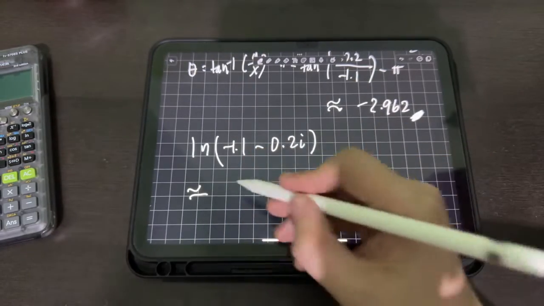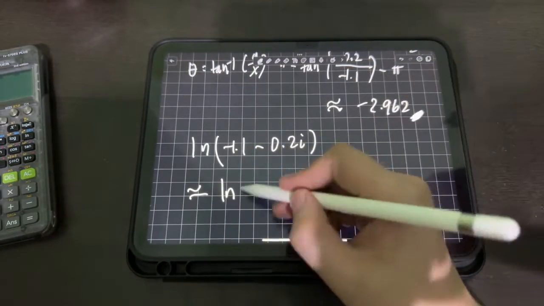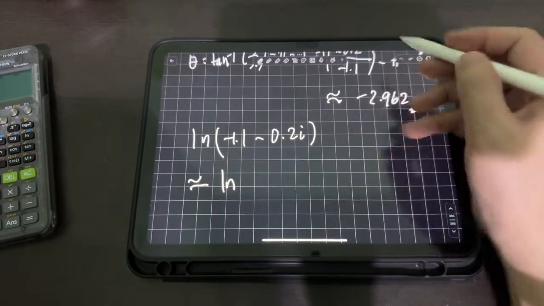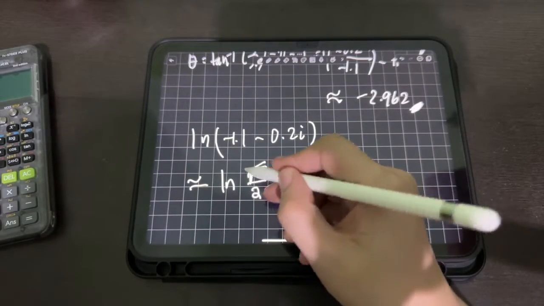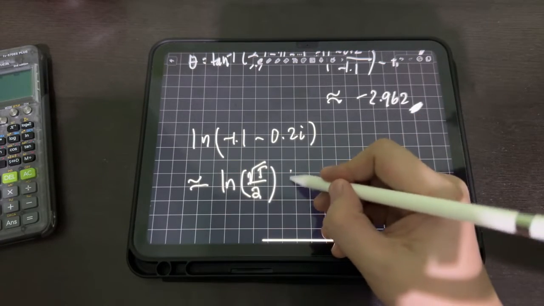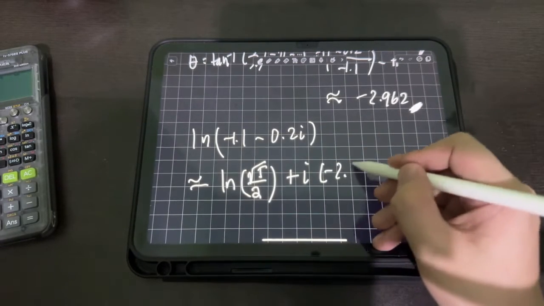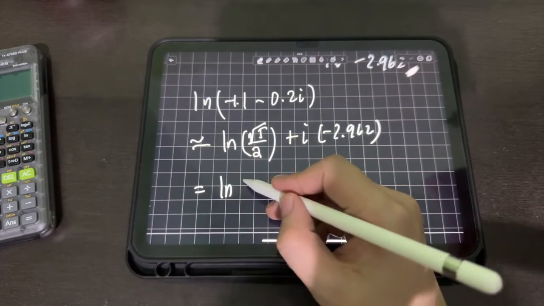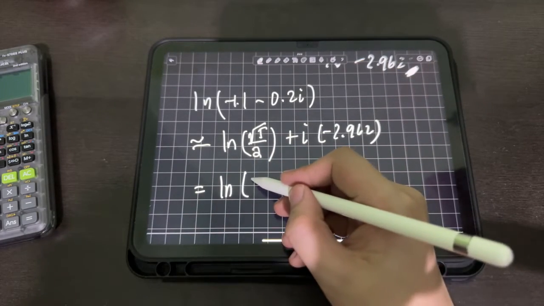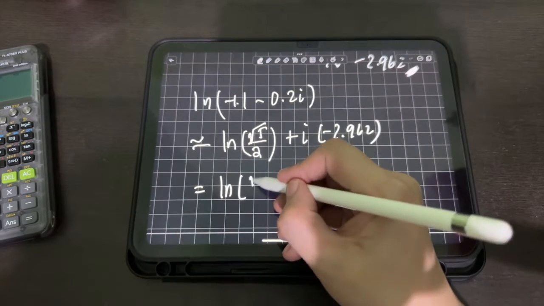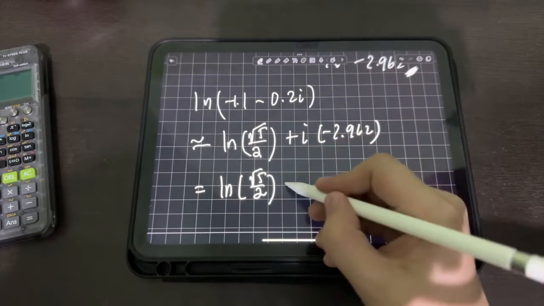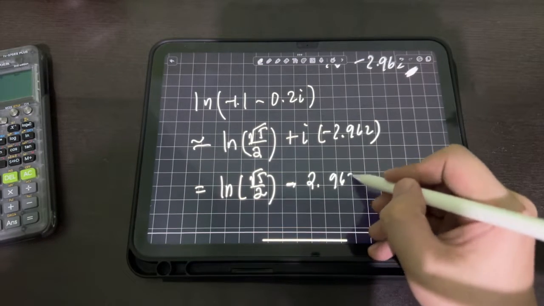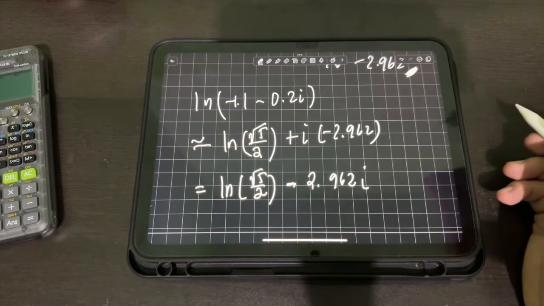It's approximately equal to the ln of the r, square root of 5 over 2, plus i theta, negative 2.962, or it's ln of square root of 5 over 2 minus 2.962i. Okay?